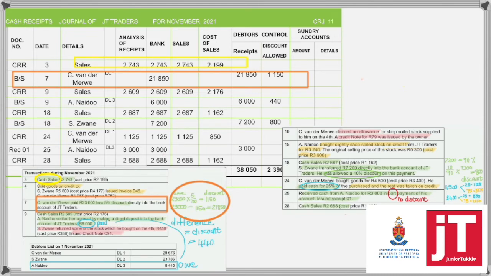Now the layout of this CRJ splits the debtors control column between a receipts column and a discount allowed column. Now if it's split like this, the receipts column is what we received in cash from the debtor, and then it will be the same as the bank value. And then the discount allowed is the discount allowed value.